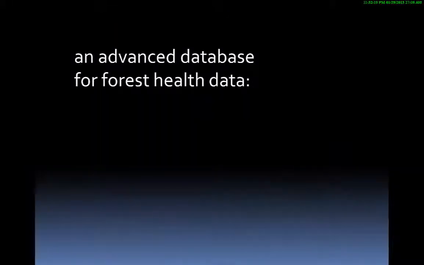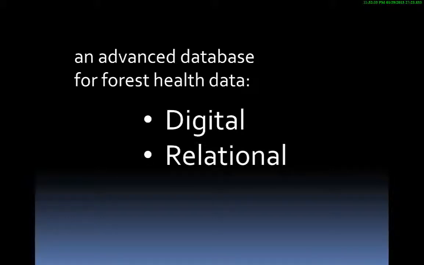So in summary, what we have today is indeed an advanced database for forest health data. We have the data digitally, and the database is built upon a relational structure, and we also have the spatial representation of all the records.